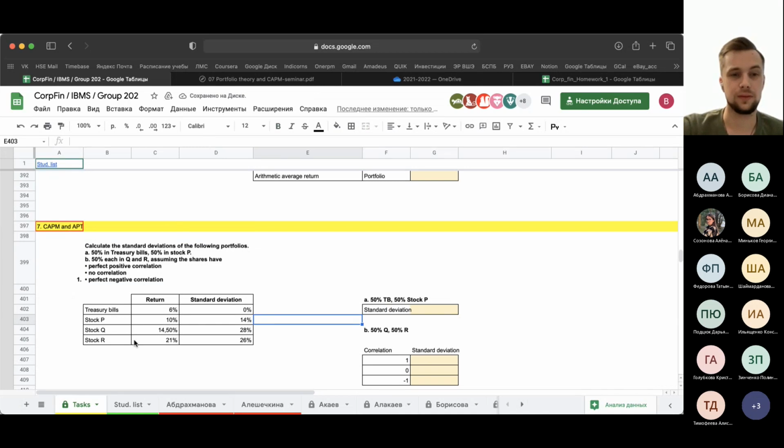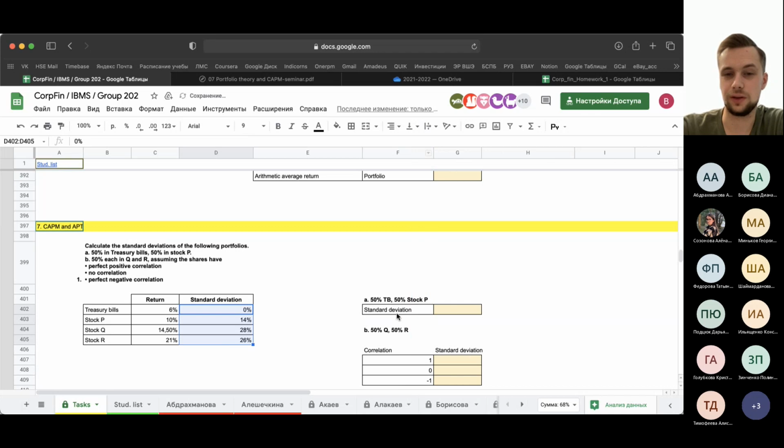So we have 4 kinds of financial instruments: treasury bills, stock P, stock Q, and stock R, with their returns and their standard deviations. The task is to find the standard deviation of 2 portfolios.